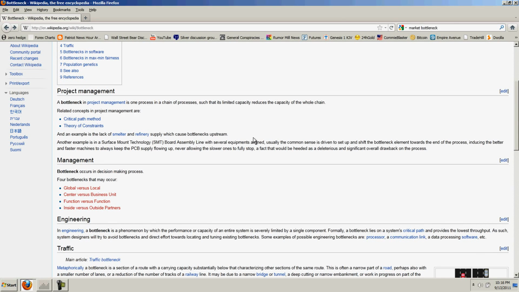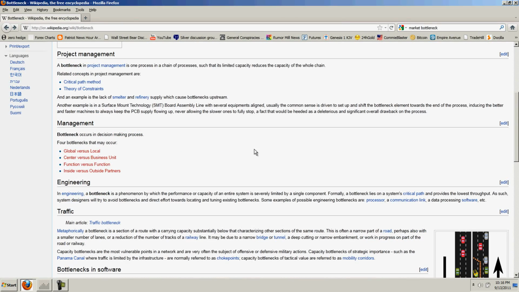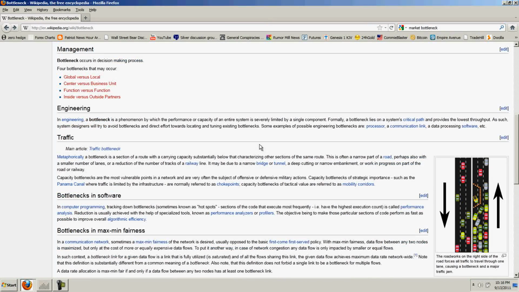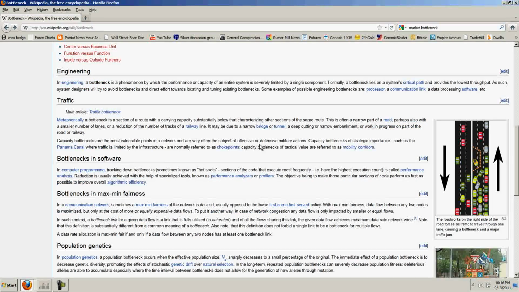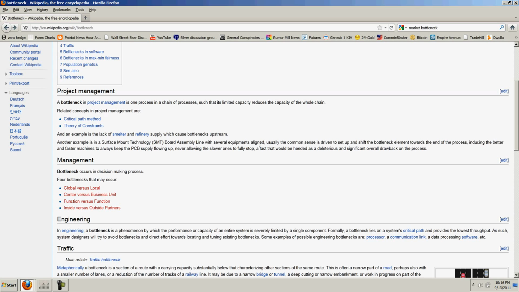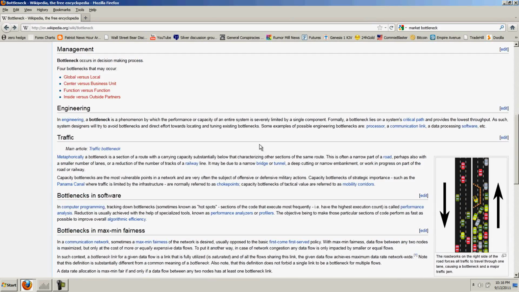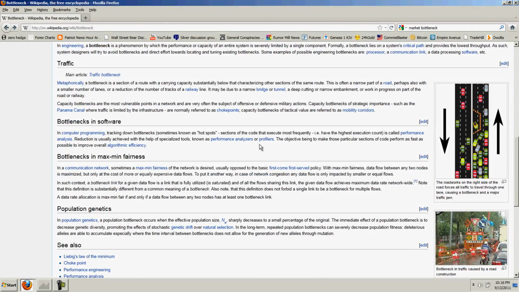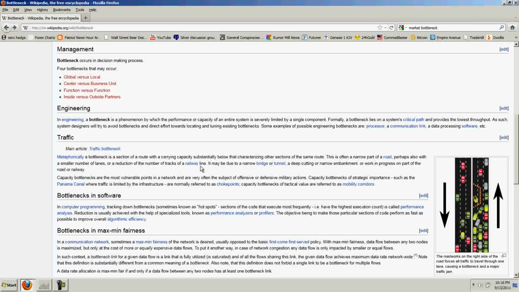One of the key comments here that is interesting has to do with a statement about mining. Let me see if I can find this here. Well, I don't have it here, but it's talking about how you can actually have bottlenecks in mining. It's in this article, and I'll go ahead and link it.